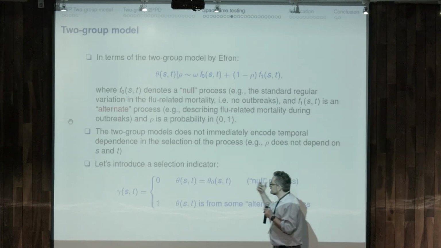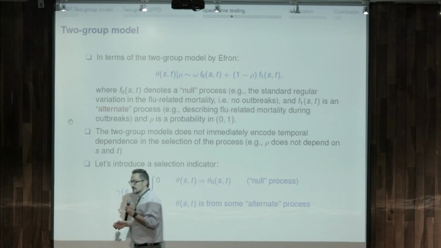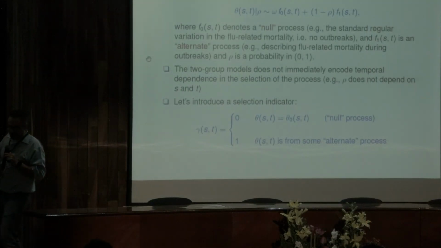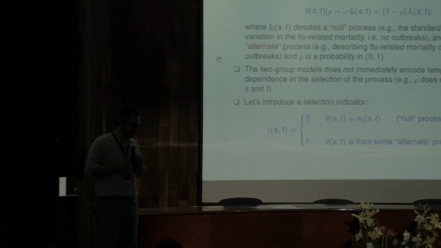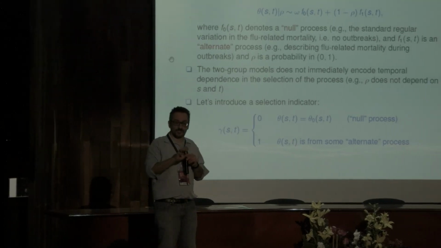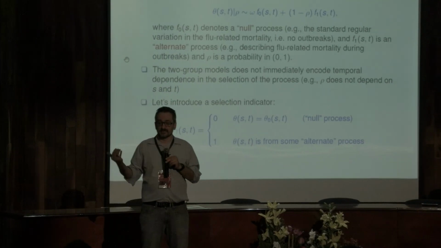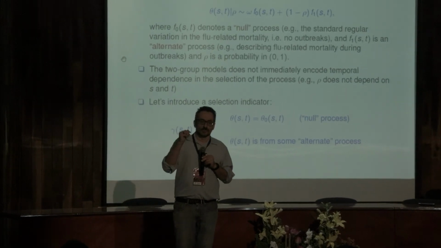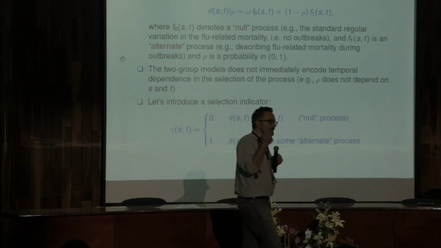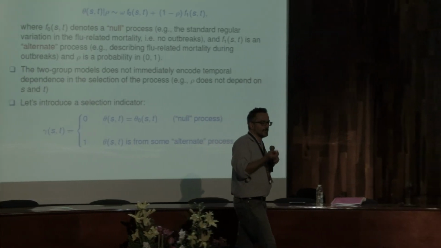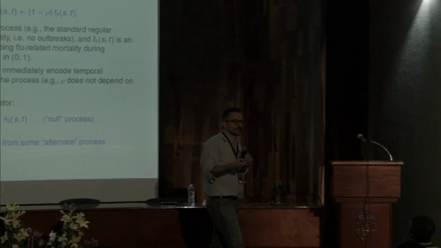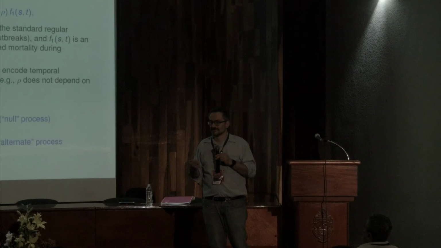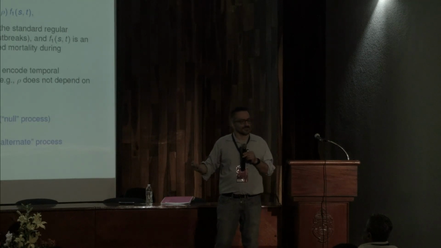Now, this is easy to think about, and from a Bayesian probability perspective, one thing that one could think about is, for example, having an omega_ST that changes with space and time, and then F0 and F1 Dirichlet processes. Very easy. The issue with that is F0 and F1 are realizations of Dirichlet processes, so they typically describe exchangeable samples.